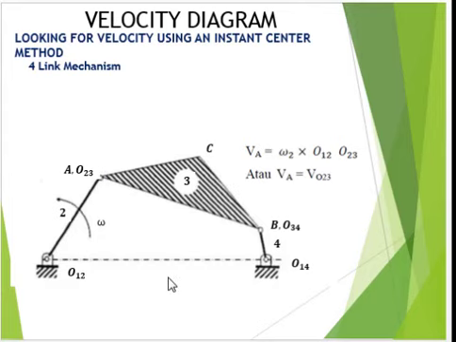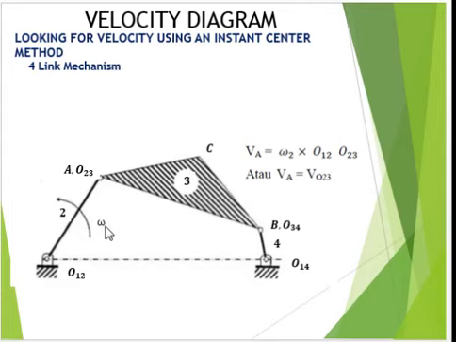Then we find the instant center of velocity between links 2 and 3, namely at point O23, which is also point A.